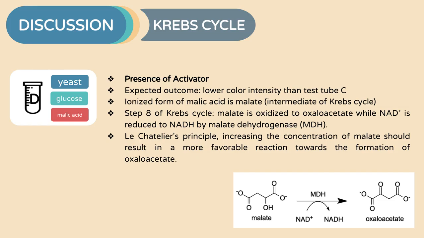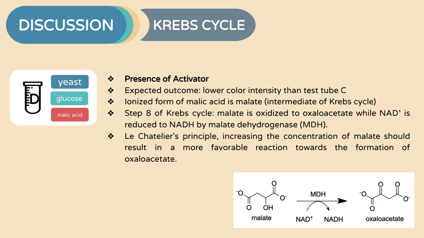For test tube D, malic acid was added in addition to yeast and glucose. The ionized form of malate is one of the intermediates of the Krebs cycle, subsequently oxidized to oxaloacetate by the action of malate dehydrogenase. Based on Le Chatelier's principle, increased malate concentration shifts the reaction forward, reducing the NAD+ to form oxaloacetate.